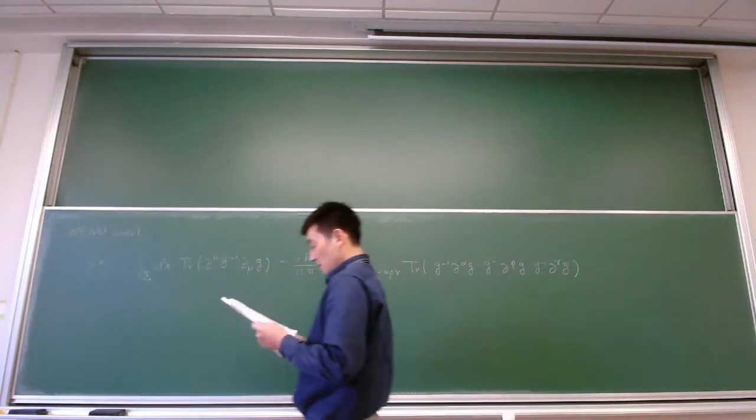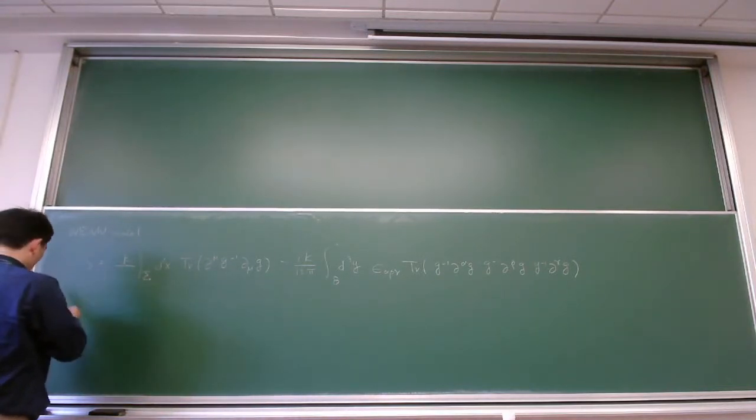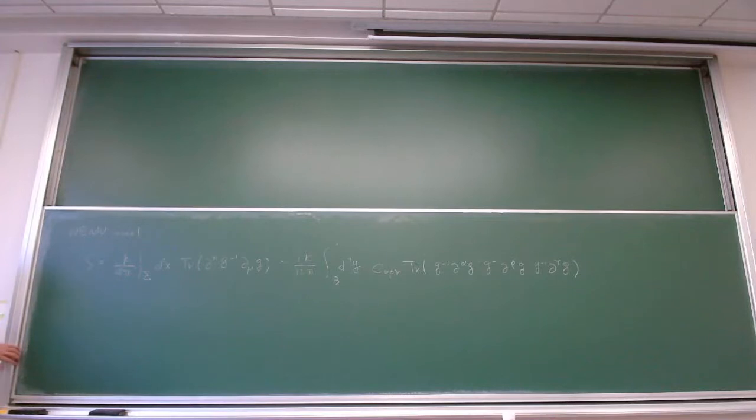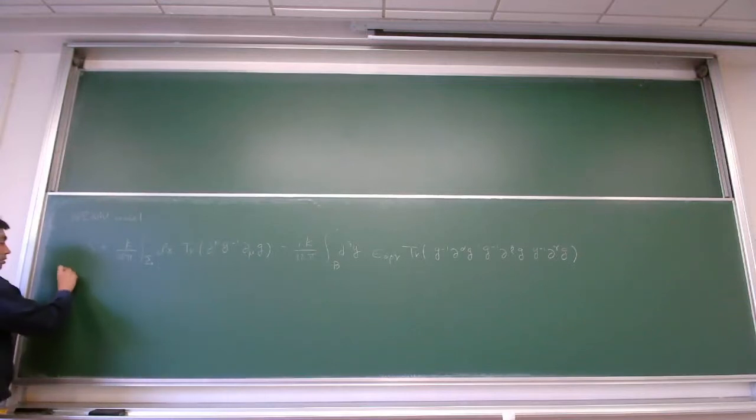So this is the action of the WZW model. So Σ is a 2-manifold.